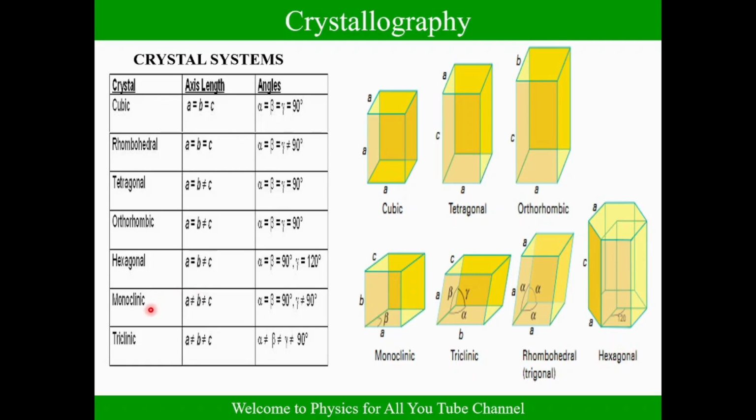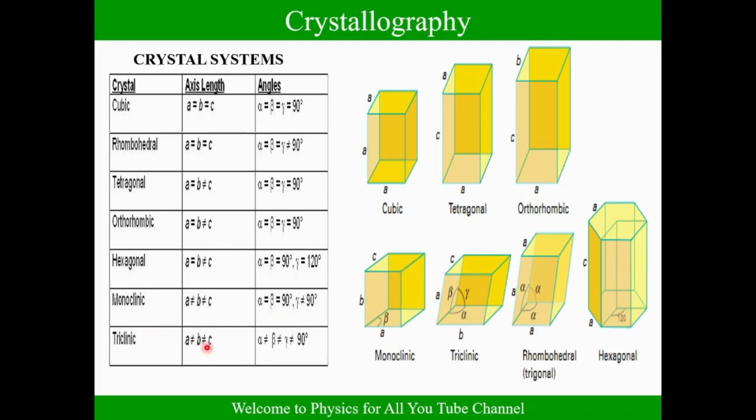Coming to the monoclinic crystal system, all three sides are not equal to each other. Now in the case of monoclinic, the three sides are not of equal length. Coming to the angles, two angles are mutually perpendicular to each other and the third angle is not equal to 90 degrees. You observe the diagram of monoclinic. And the last one is the triclinic crystal system.